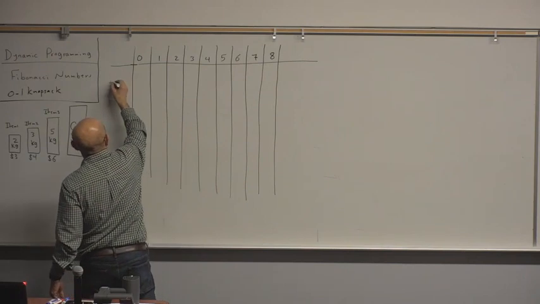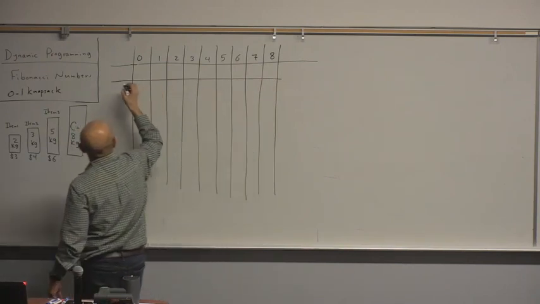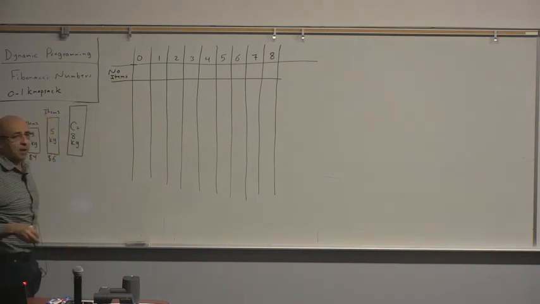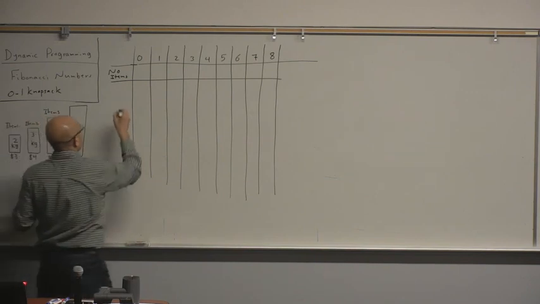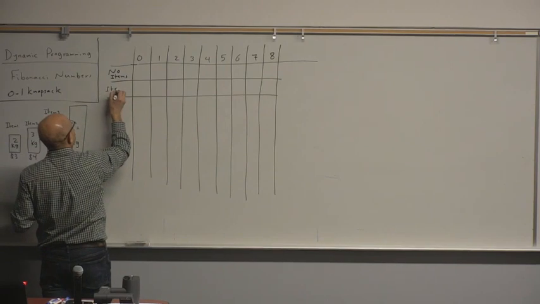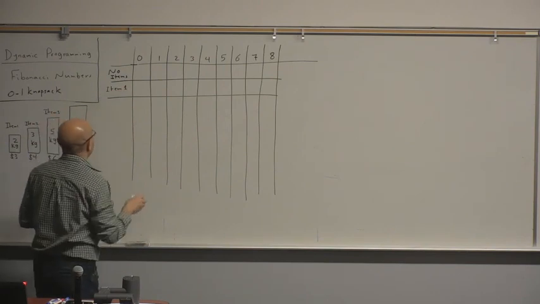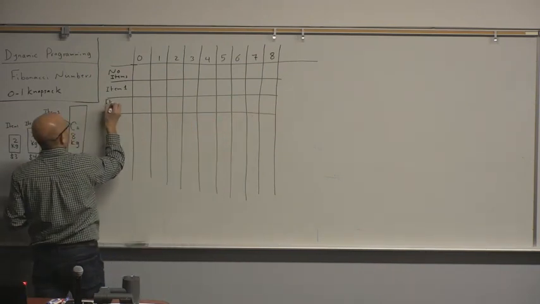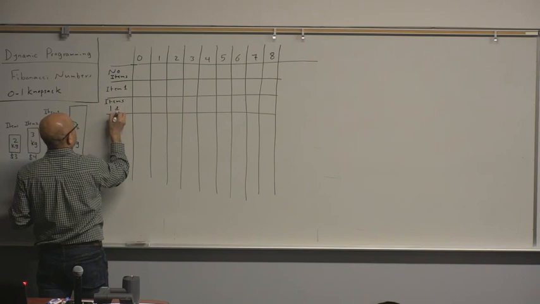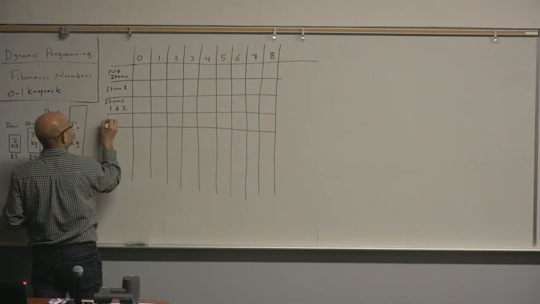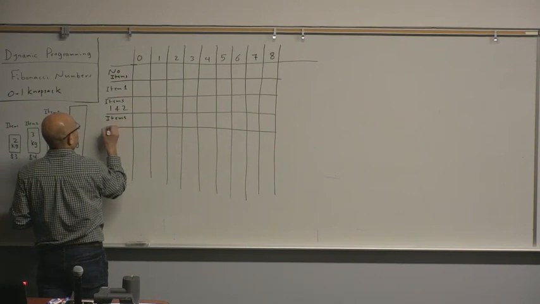Then here I have no items. This is a trivial subproblem in which no items are considered. Here I consider item 1 only. Then here I consider items 1 and 2. And then items 1, 2, and 3.